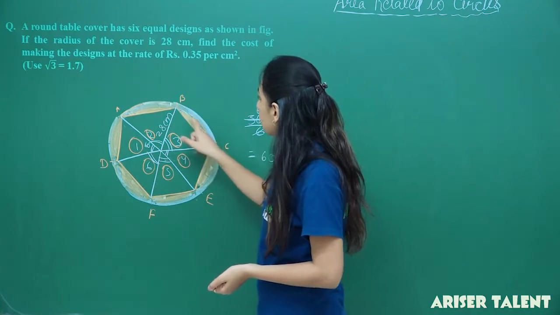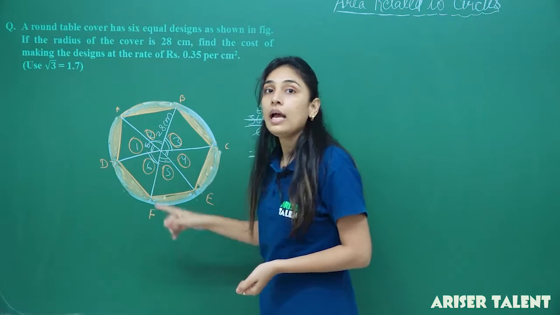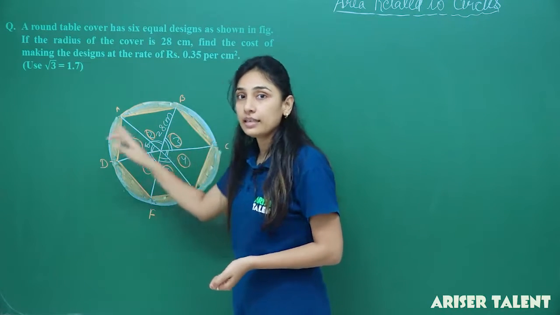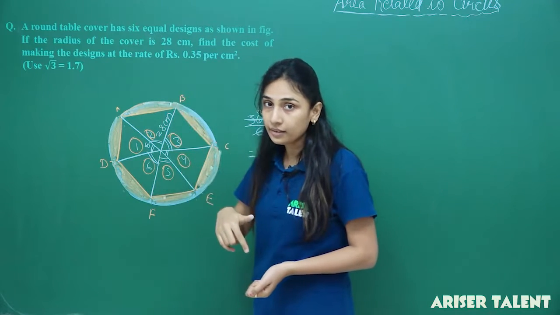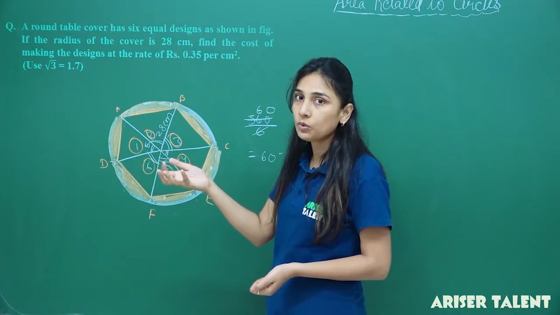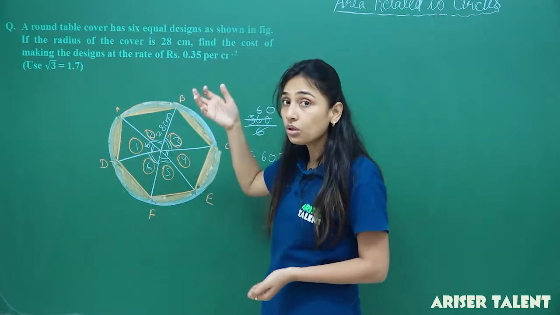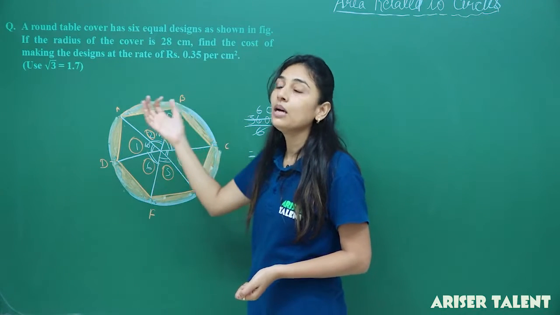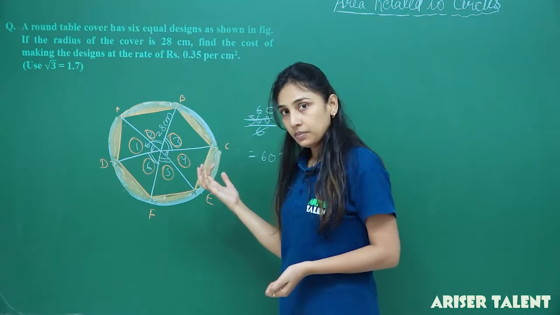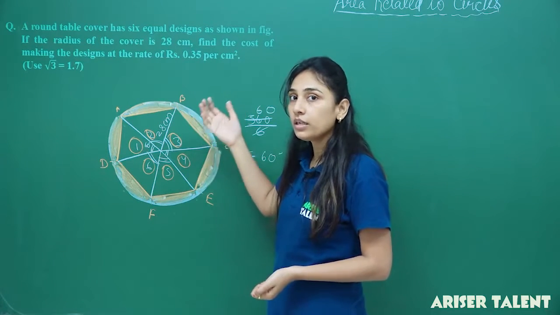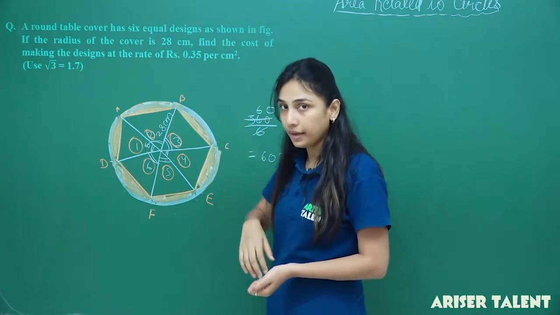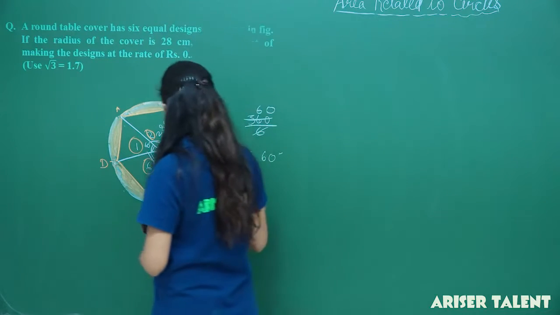I have to find this design portion, and after finding the area of the design portion, I will multiply it by the cost, then I can get it. 1 centimeter square is having some cost. So for some x centimeter square of design, the cost will obviously be that cost multiplied by x, okay. So we will be finding the area here.